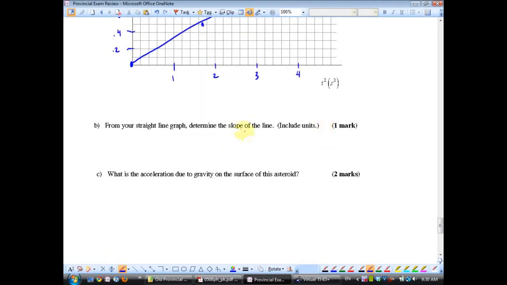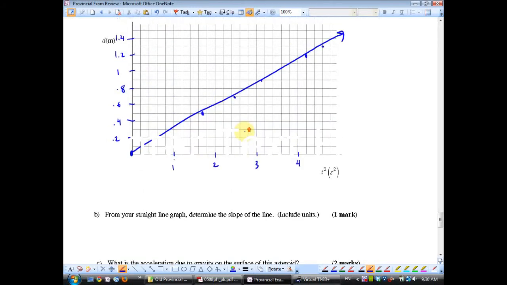B, find the slope. So slope is rise over run. If you're graphing a line, Megan, you have to use points from your line. I would not use this point right here because it's not on my line. I'll use, give me a nice point. How about right there?